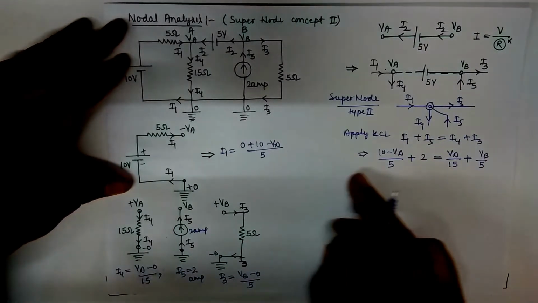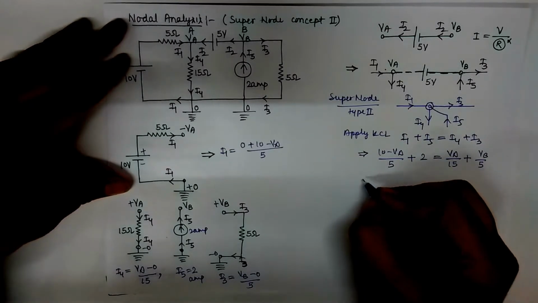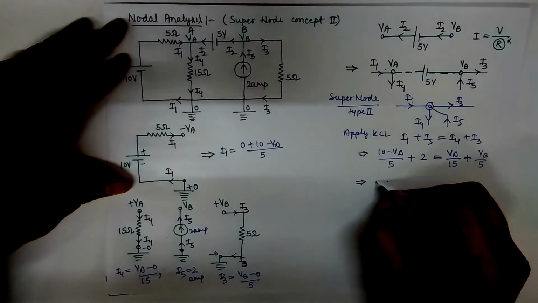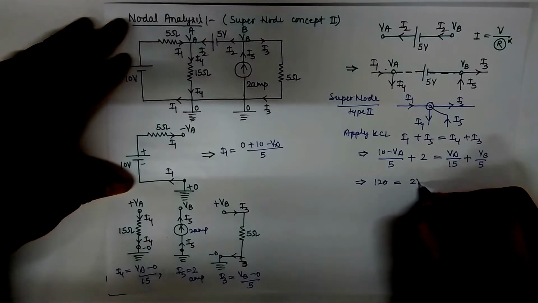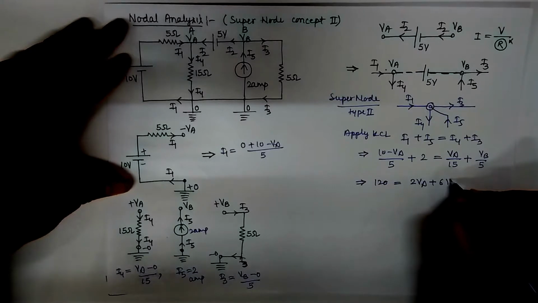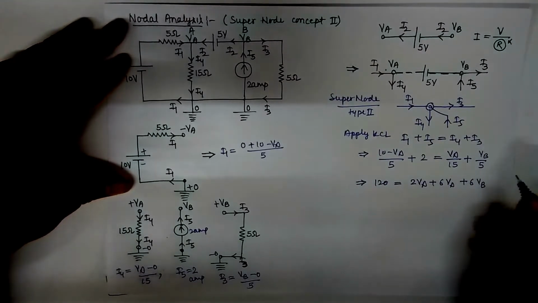When we solve this whole equation, it would be 120 is equal to twice of VA plus 6 VA plus 6 VB.